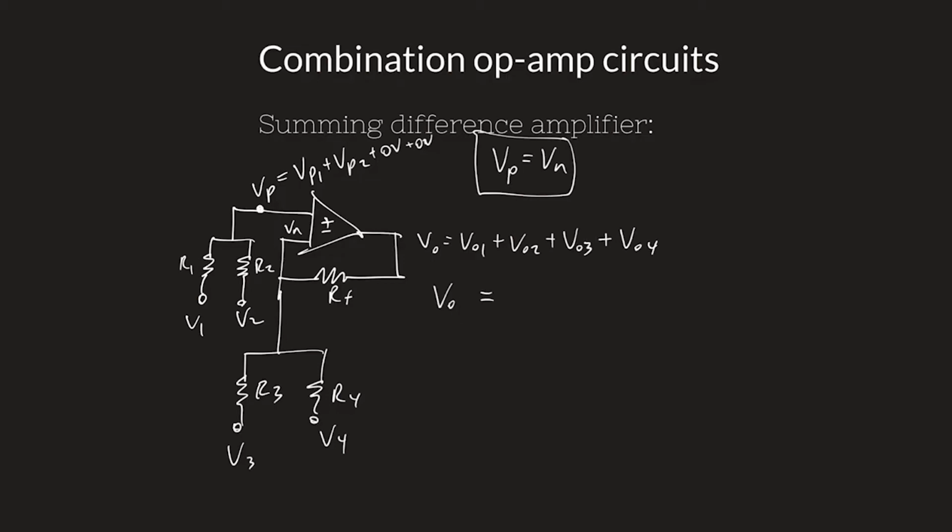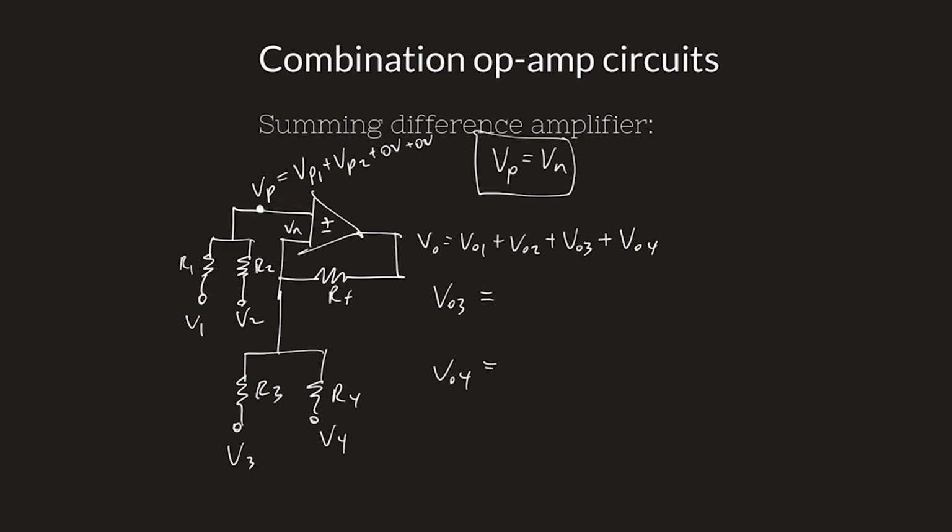Let's do V out due to 3 and 4 first, because those are a little easier. If I turn everything off except for V3, this node here is grounded. These two are both grounded, so they're at the same potential. I get no current through here because this doesn't accept a current, so there's no reason for any current in any of these, and the voltage through this entire line is 0.